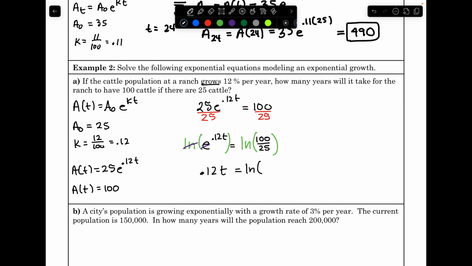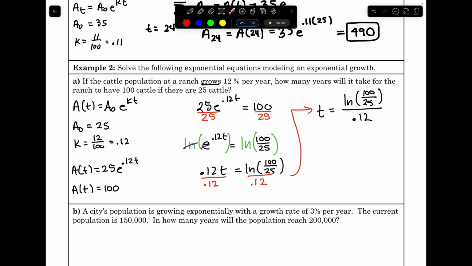On the right side, we have the natural log of 100 over 25. And now we can divide both sides by 0.12. So t equals the natural log of 100 divided by 25, divided by 0.12.